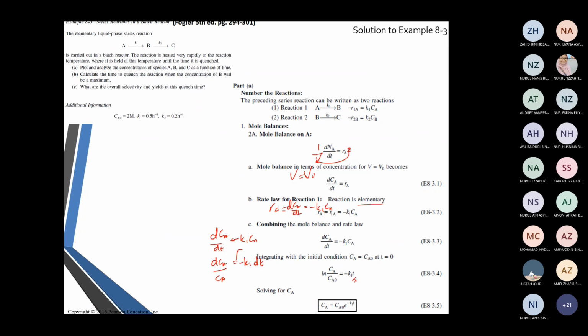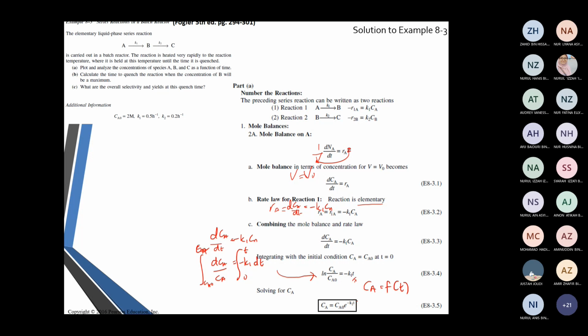So you can integrate this from t equals 0 and Ca0 to Ca. From there you integrate and you will get this equation. You rearrange and you get Ca is equal to Ca0 e to the power of negative k1t. So this is for the concentration of A as a function of time.